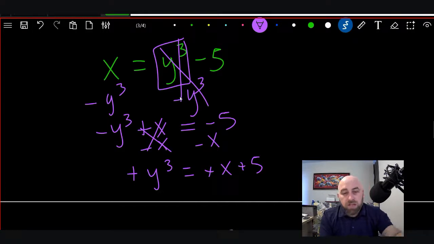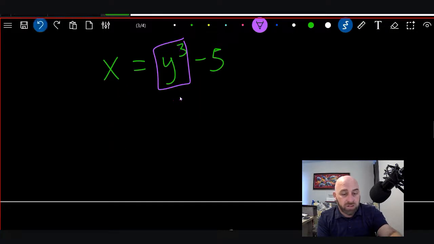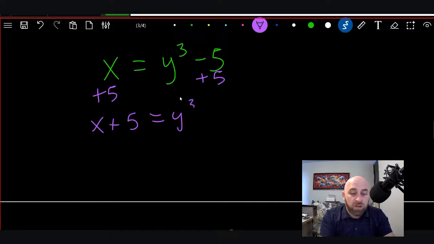Now let me show you a faster way to do that. That's a lot of steps to get that. If you follow the first logic that I was using, you just move the 5 over, and you end up with x plus 5 equals y cubed. It's all positive.